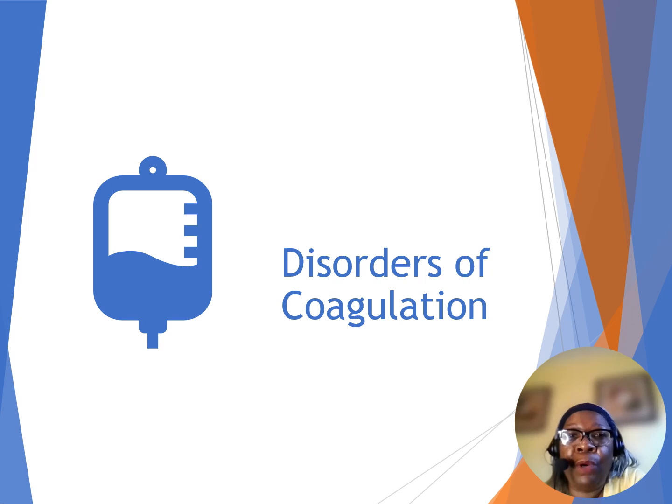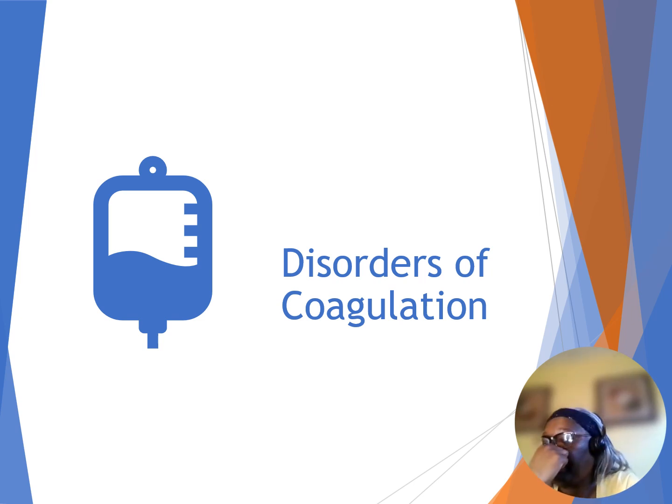Okay. We're going to look at disorders of coagulation now. Okay? One of the ways the body maintains hemostasis is through the clotting of the blood or coagulation, right? If not, we just bleed. Every time we cut ourselves, we just bleed to death. So the body has a system in place to stop this from happening. But disruption to this process can be vascular, it could be platelet dysfunction, or an alteration in plasma coagulation factors.